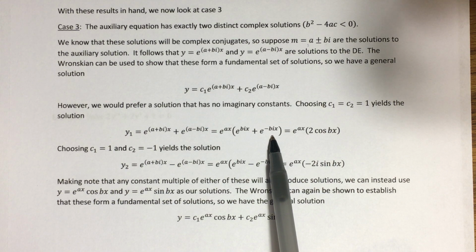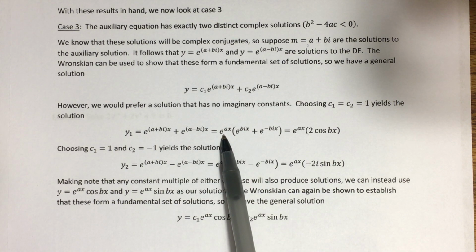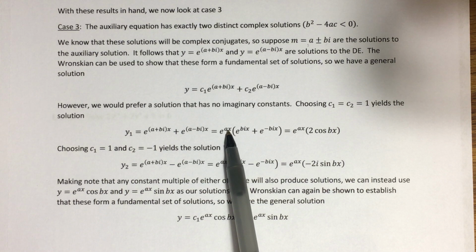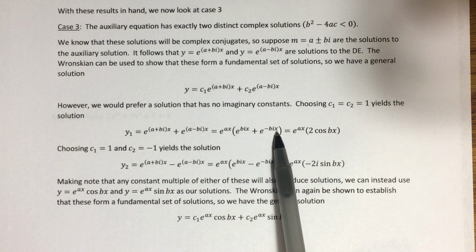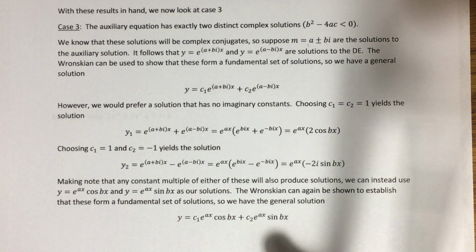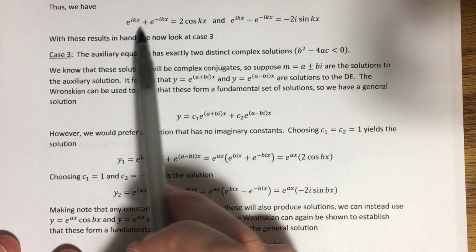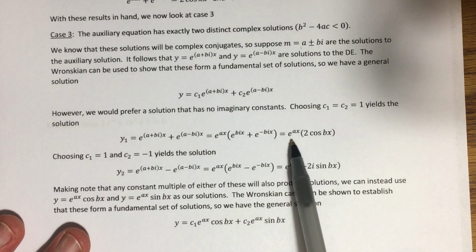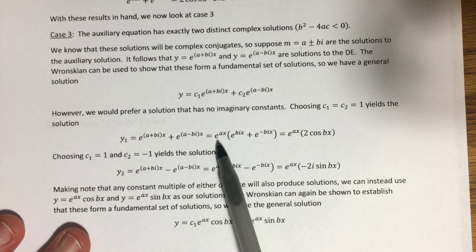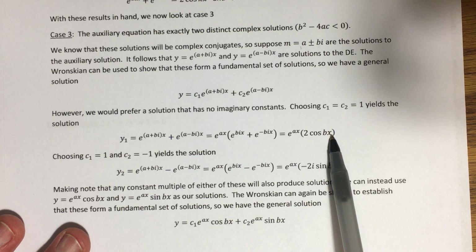That's an algebraic property, and we're going to assume that it works. Notice all I did is I factored an e to the ax out, leaving me with e to the bix plus e to the negative bix. This sum is of the same form as this sum up here, and so that here should give me the e to the ax that I factored out times 2 cosine of bx.